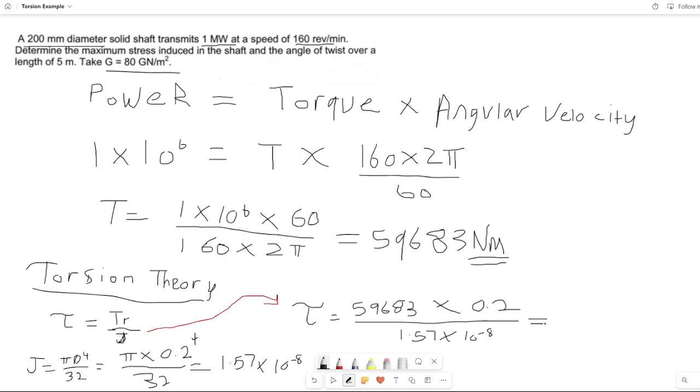That would then give us 38 times 10 to the 6, and the units would be Newton meters.